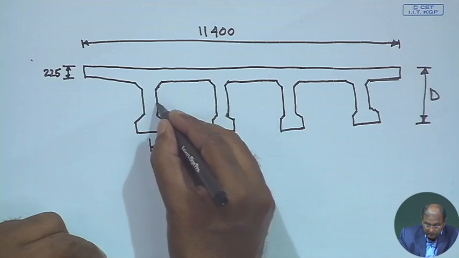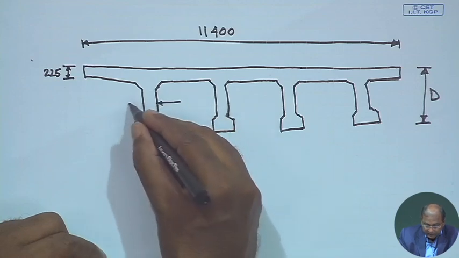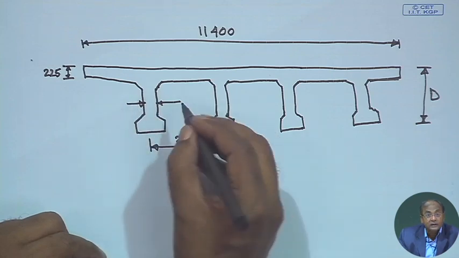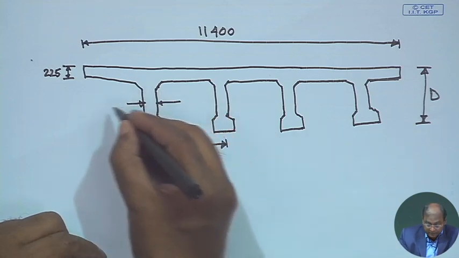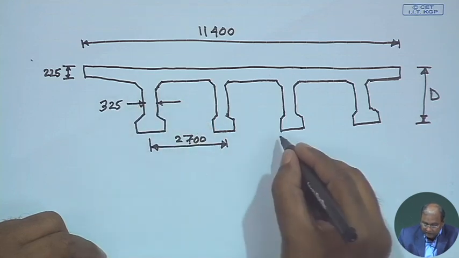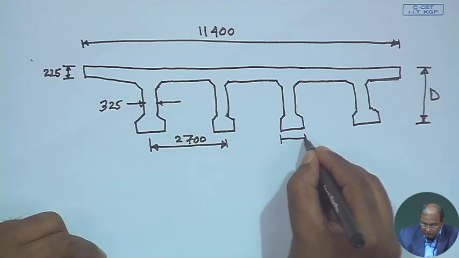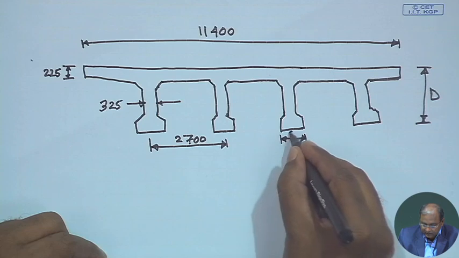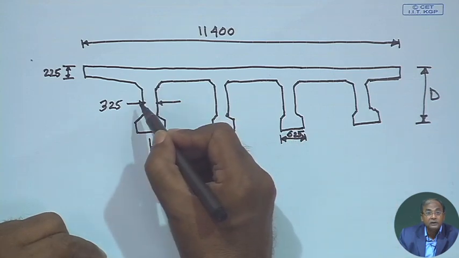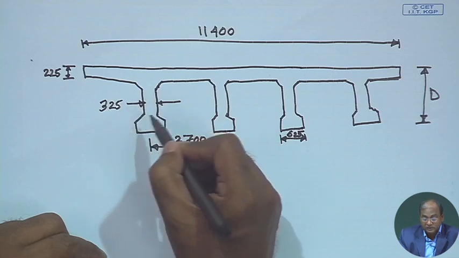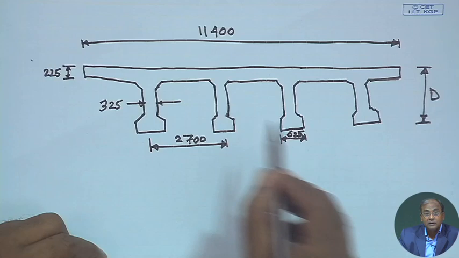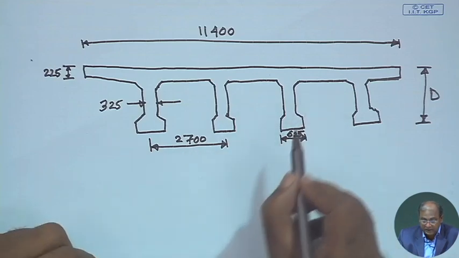This thickness generally comes in the range of 300 to 325, 350 also. Let us say we are giving here 325. This dimension we are giving here 625. That means here we can give 150, 150 on both sides. If you give 650, then we can provide 350. Like that we can make it here.